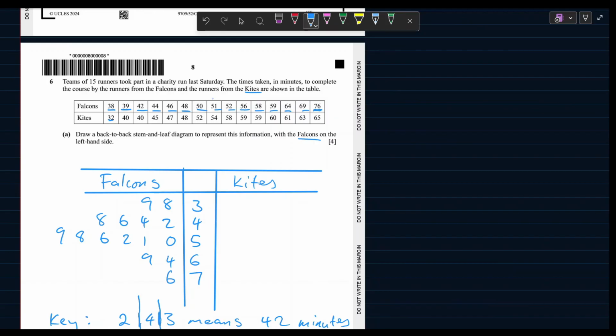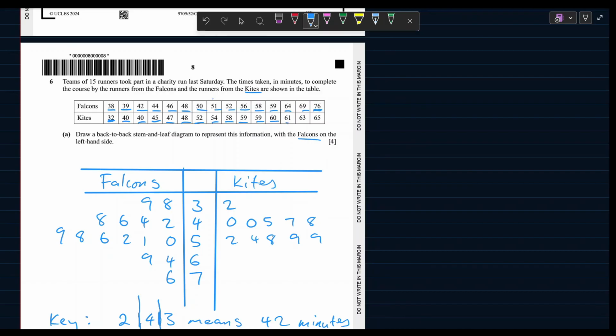Okay, let's do the same for the Kites. So it starts at 32, then we've got 0, 0 on the 40s, 0, 0, 5, 7, 8. So 5, 7, 8. Then we go on to 2, 4, 8, 2, 4, 8, 9, 9, 9, 9.